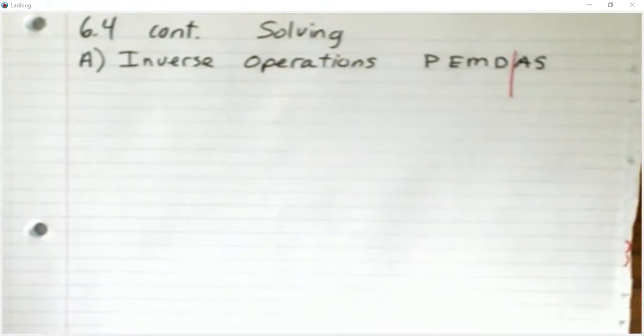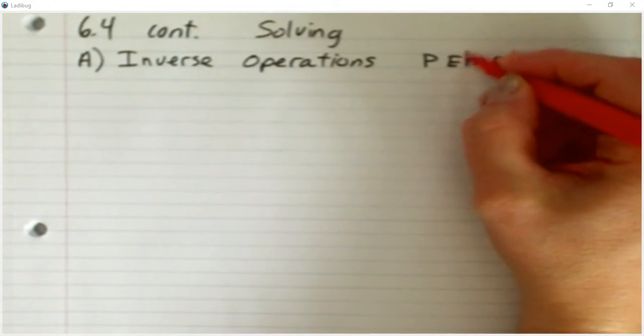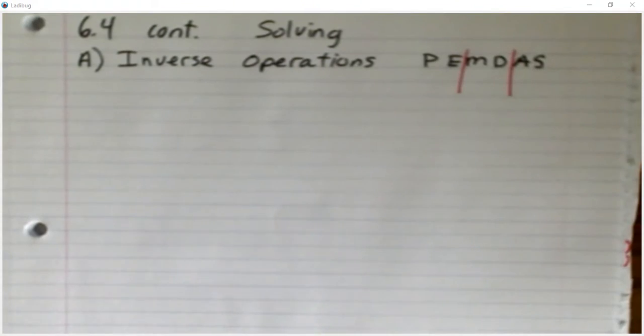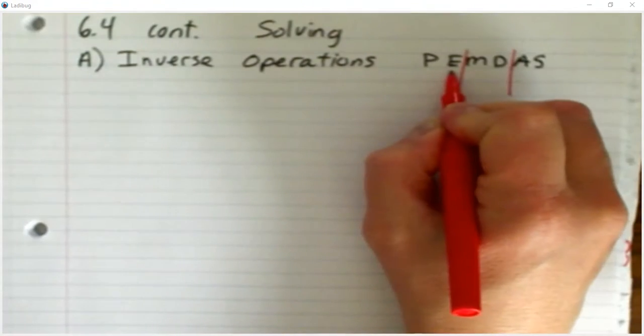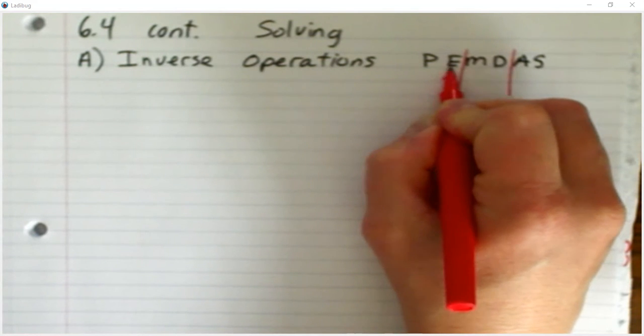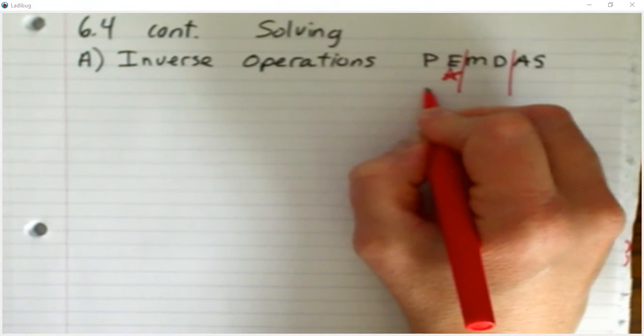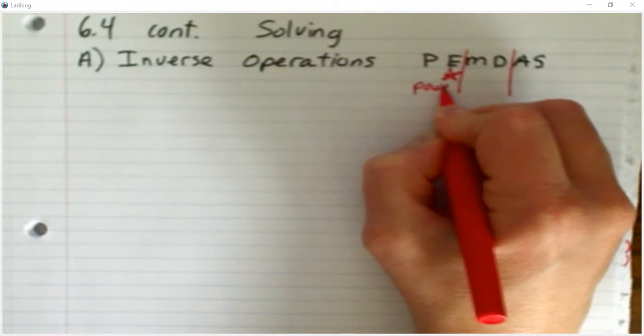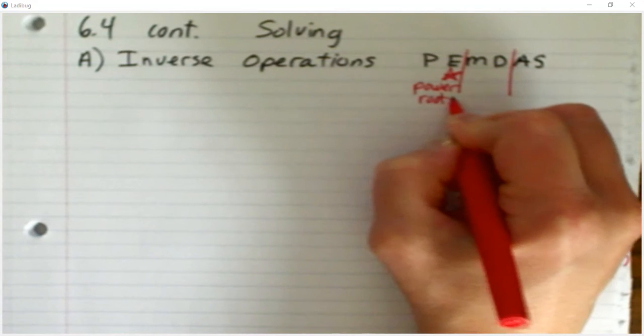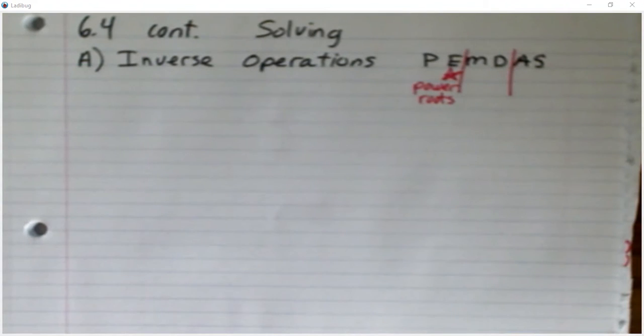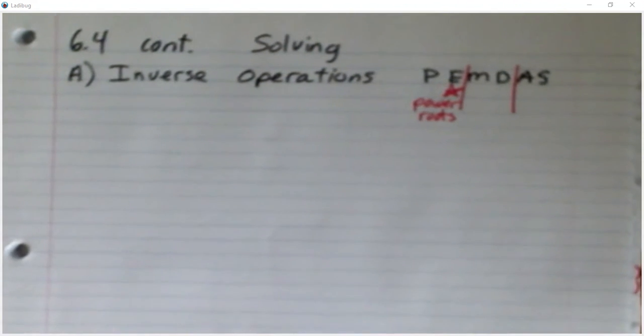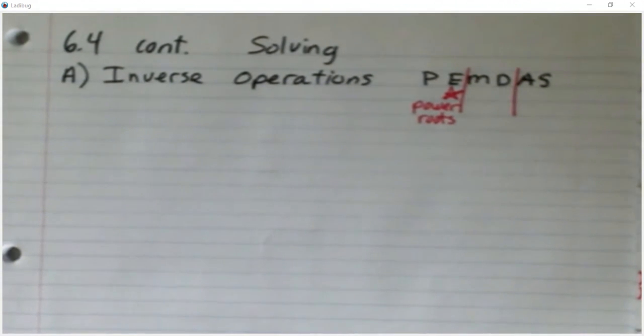So adding and subtracting undo each other. Multiply and divide undo each other. But when I get here to exponents, which is where your powers and your roots fall, there isn't really a grouping with it, okay? And so we're going to look at how to undo powers and roots.